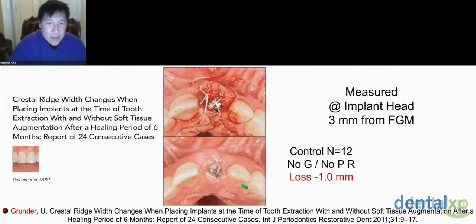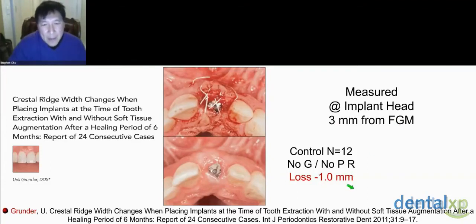He didn't place a bone graft, and he didn't place a provisional restoration, and he just put a healing abutment there. He wanted to see how much buccolingual collapse occurred at the head of the implant, again 3 millimeters from the free gingival margin. And he found that at the head of the implant, he had about 1 millimeter of collapse.